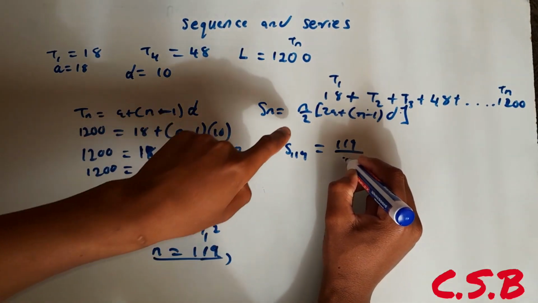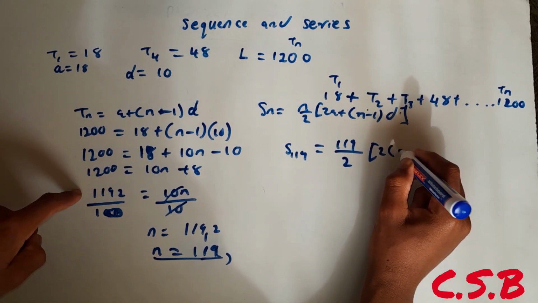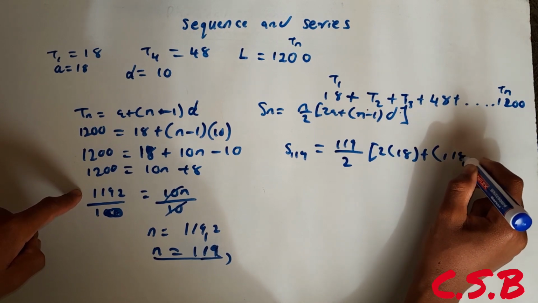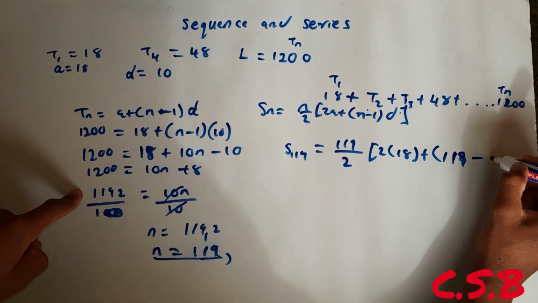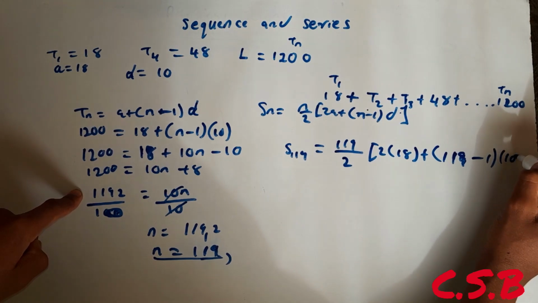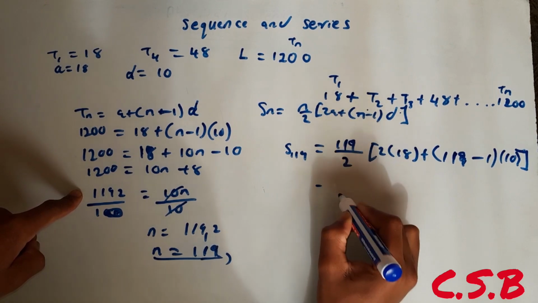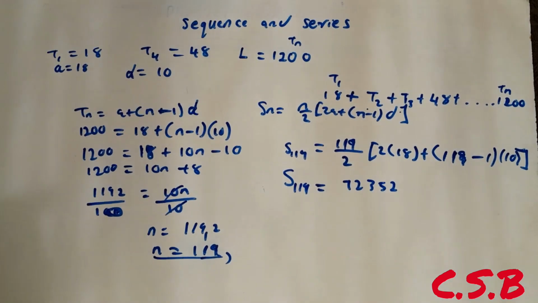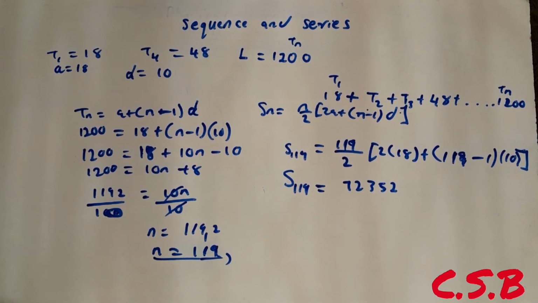So it's 119 over 2 times, my a is 18, plus n is 119, minus 1 times the difference, which is 10. Let me quickly use my calculator. I get S119 is equal to 72,252.